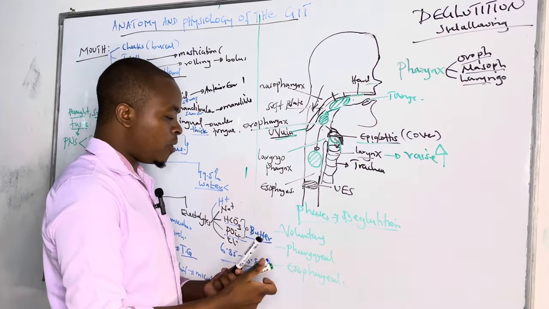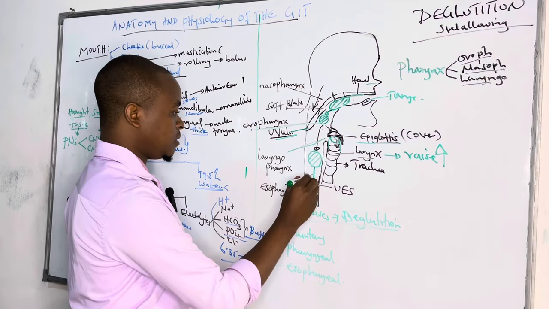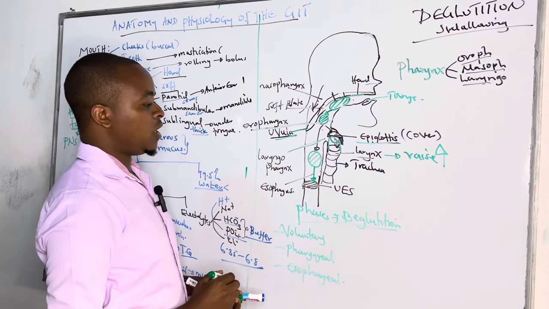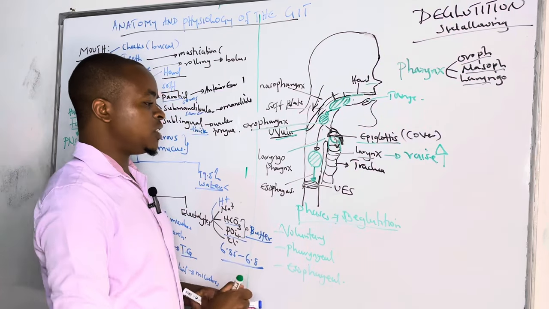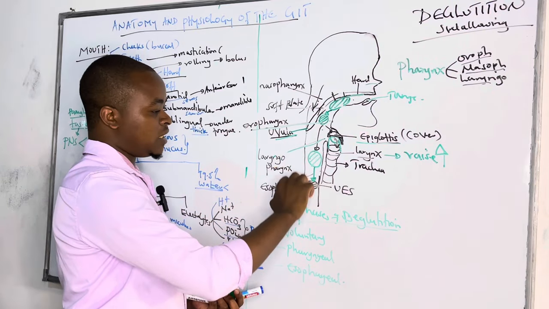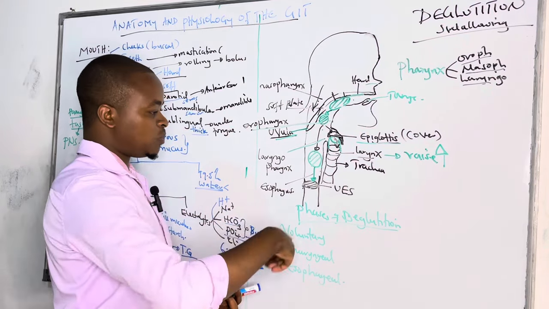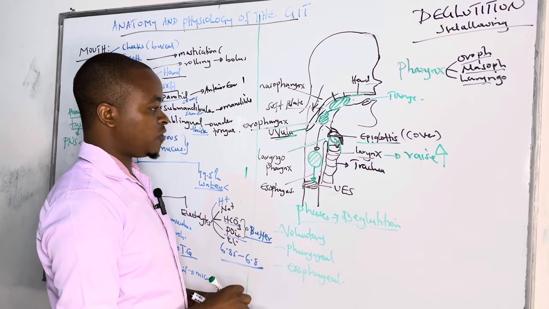As this food bolus is being moved by peristaltic movements, we are going to see it reaching the upper esophageal sphincter, which is always closed. But when the food bolus comes, it is triggered to open, to allow these peristaltic movements of the esophagus.